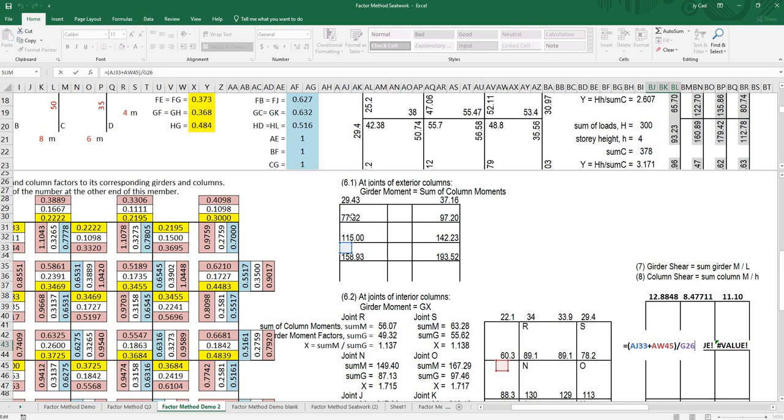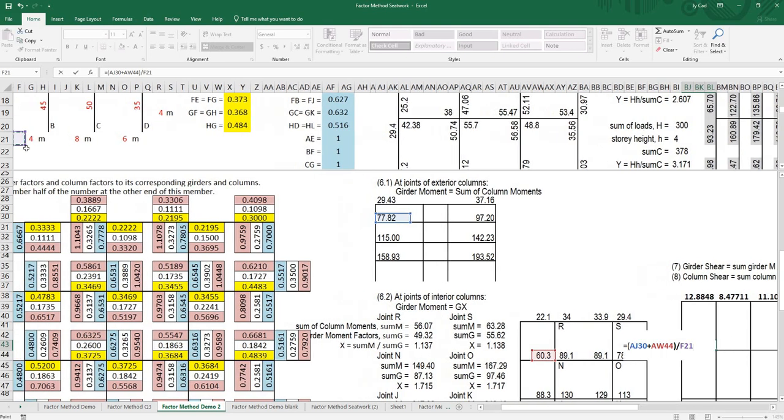Oops. Iba-iba. Solve na lang natin mano-mano. So, open parenthesis, 77.82 plus 60.3 divided by yung beam length na 4. Yan. Oops.